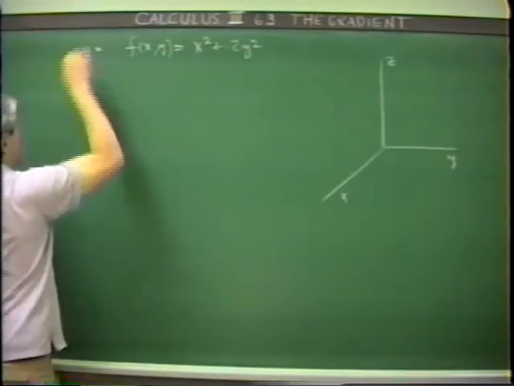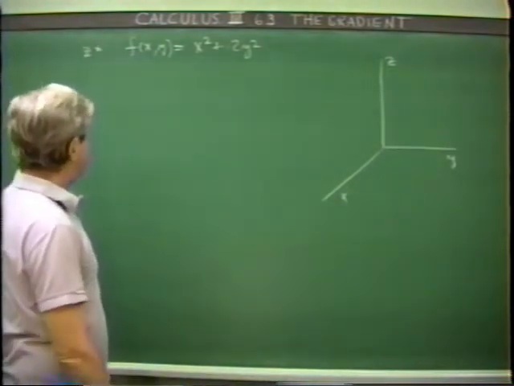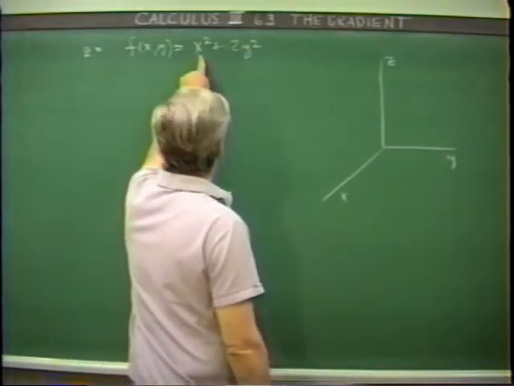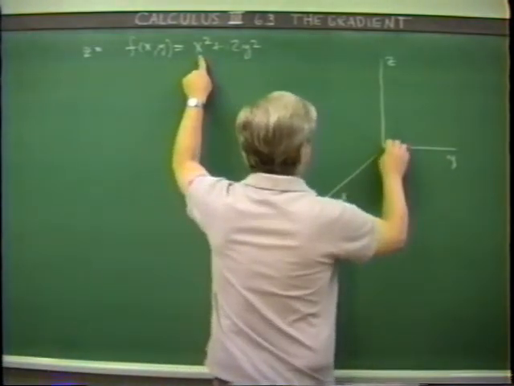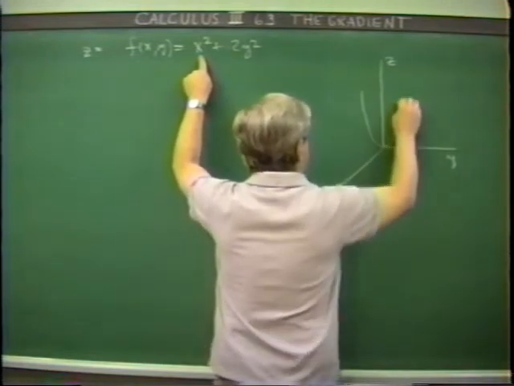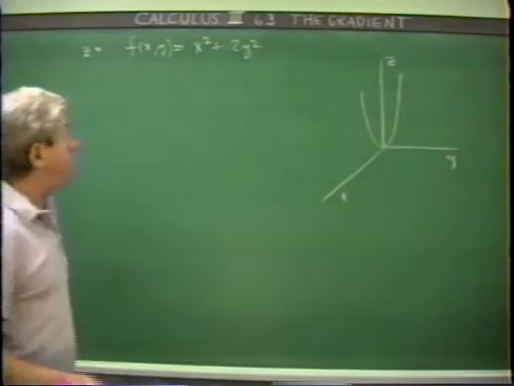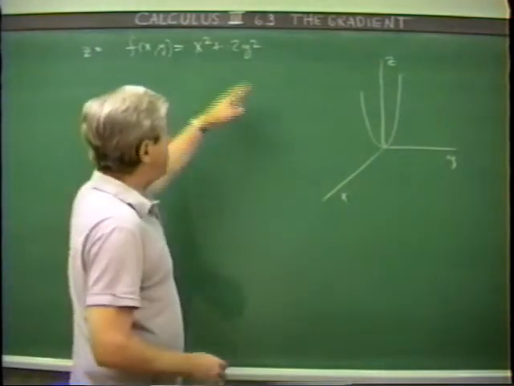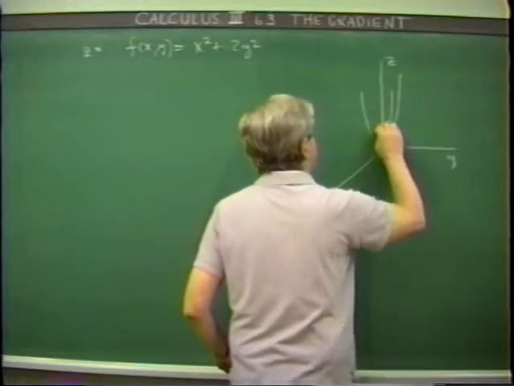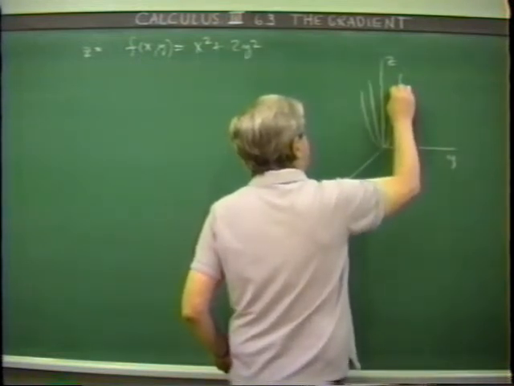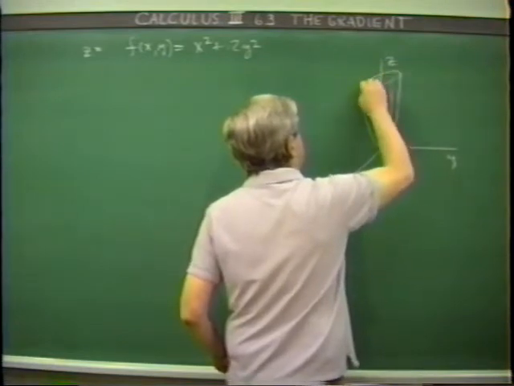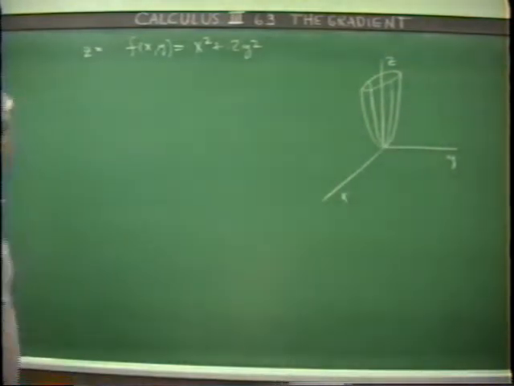If this is z equals x squared plus 2y squared, then when y is equal to 0, f is x squared, so this looks like this. X squared, z is equal to x squared over here. When x is equal to 0 in the y plane here, it looks like z is equal to 2y squared, and the result is a paraboloid that looks something like that.